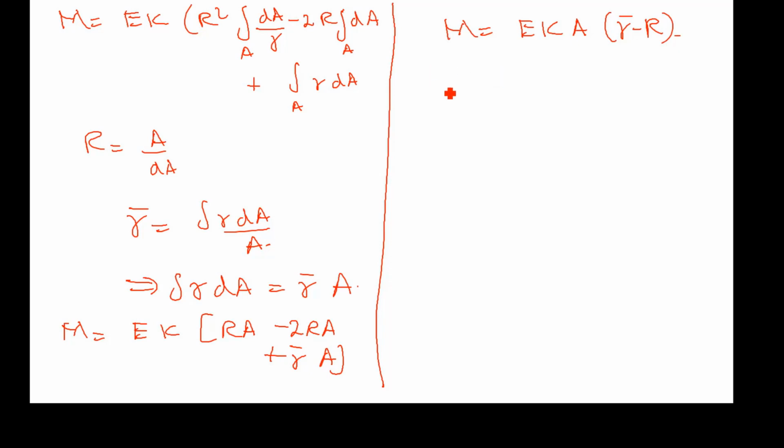So E into k is equal to M divided by A into (r centroid minus r bar).